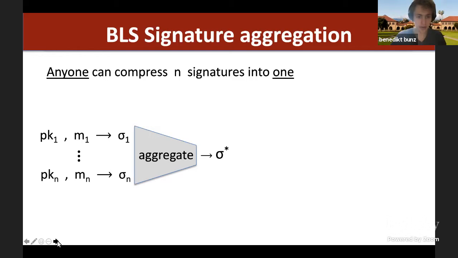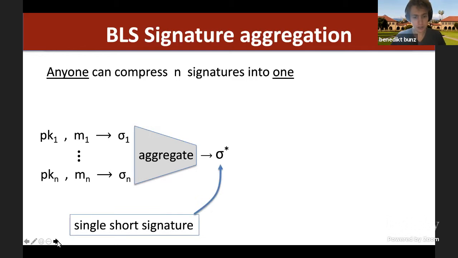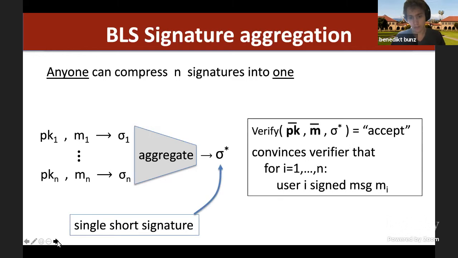And there's a public aggregation protocol, which anyone can run, to create a single short signature. Verifying the single short signature convinces the verifier that all of the users 1 through n signed the statements M1 through Mn.